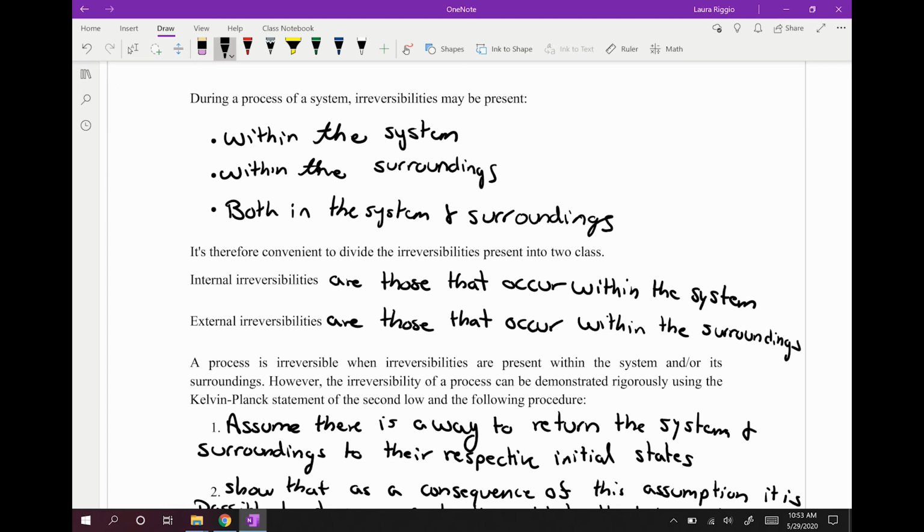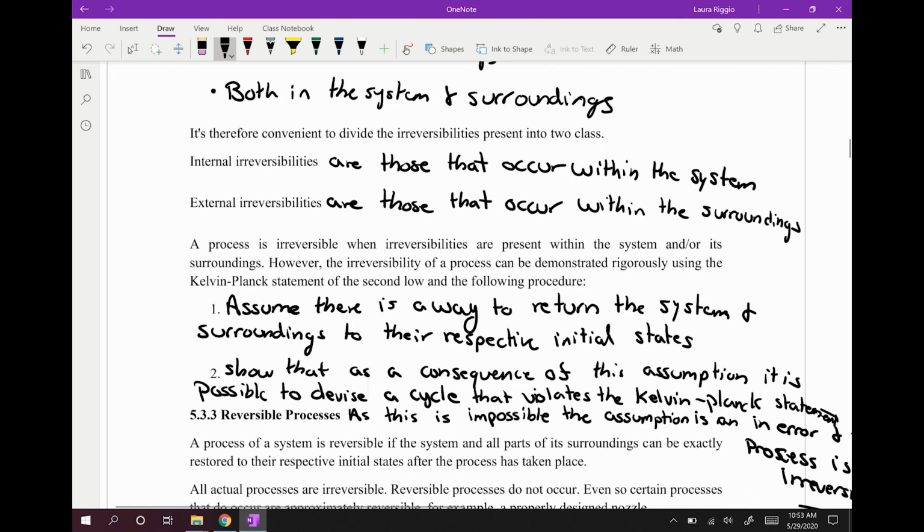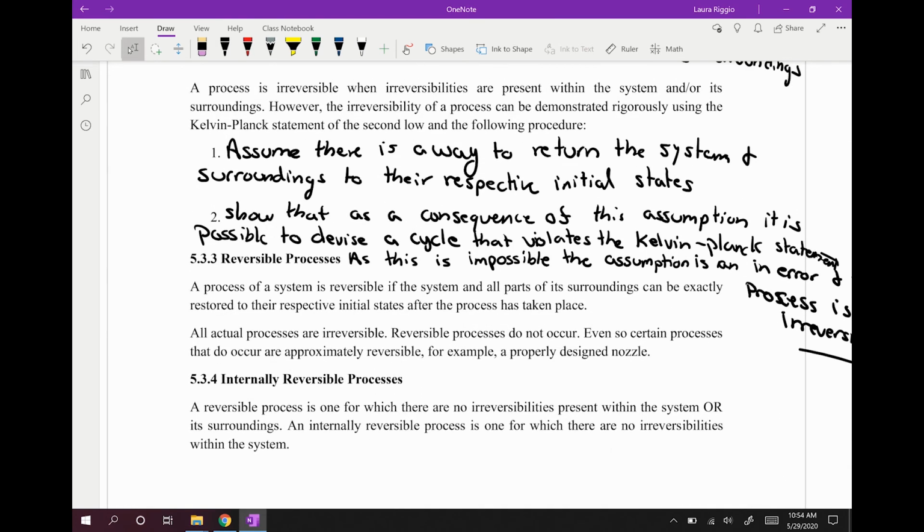A process is irreversible when irreversibilities are present within the system and/or its surroundings. However, the irreversibility of a process can be demonstrated rigorously using the Kelvin-Planck statement of the second law and the following procedure. We assume that there is a way to return the system and the surroundings to their respective initial states.